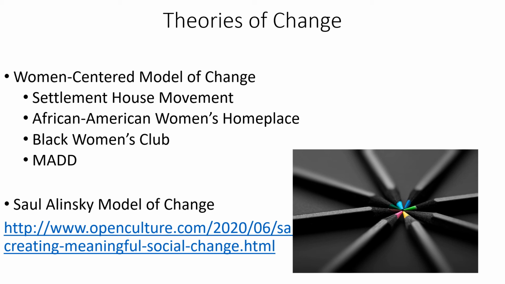And so really it was this idea of it takes a village for all of us to be happy and healthy and to be able to fulfill the American dream and to live a life of prosperity and so on and so forth. So this was really a model of women-centered change efforts that manifested in these different kinds of movements.